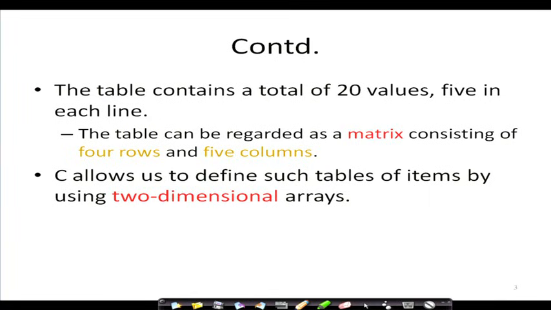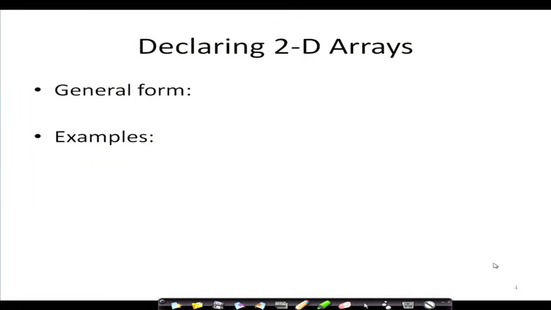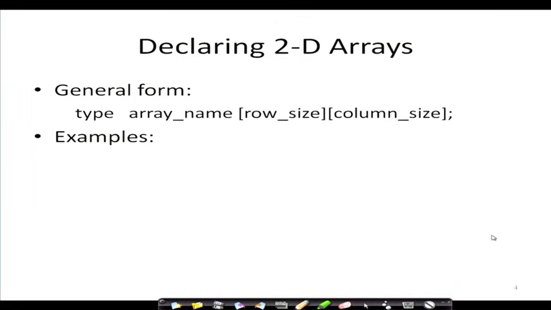Now, C allows us to define such tables by using a two dimensional array. What does it mean? The general form is like this: type, array name, row size, column size. Always compare with what we learned for one dimensional array, it is just an extension of that. For example, marks 4, 5.